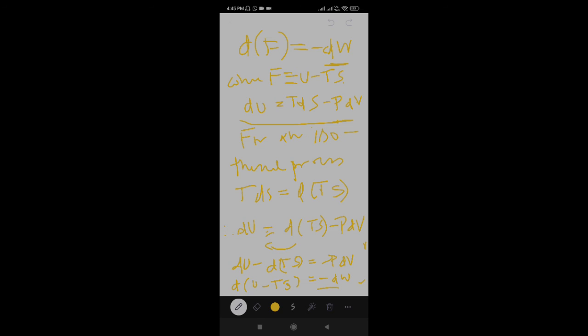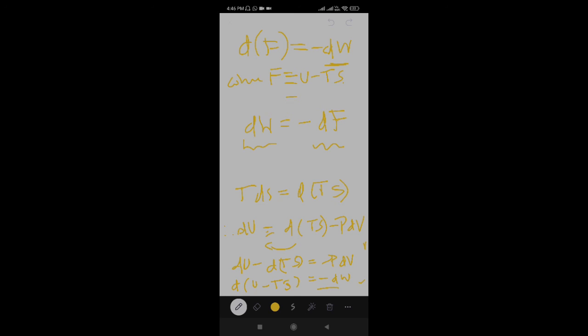If you multiply both sides by minus, you get minus dF. So dW, the work done on the system, is equal to the decrease in the free energy.